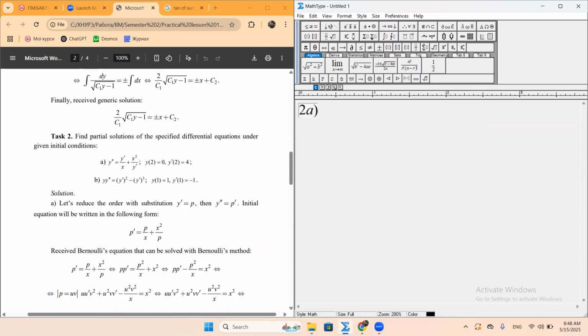So for A, we have the following equation: y double prime equals y prime over x plus x square over y prime.